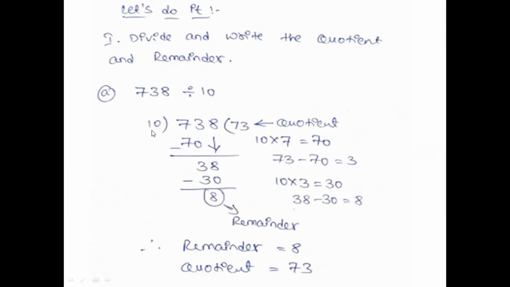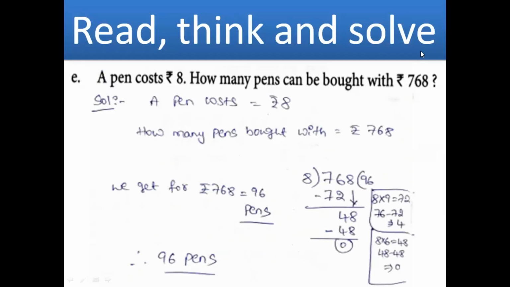Now see, 10 sevens are 70. 73 minus 70, how much difference? 3. 8 as it is. 10 into 3, how much? 10 threes are 30. 38 minus 30, difference is 8. So remainder is 8. Quotient is 73.